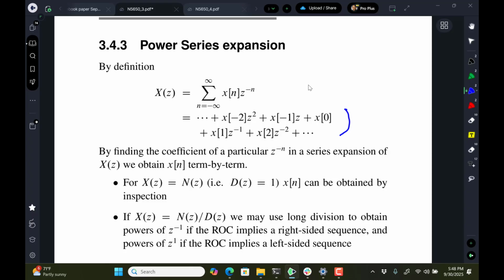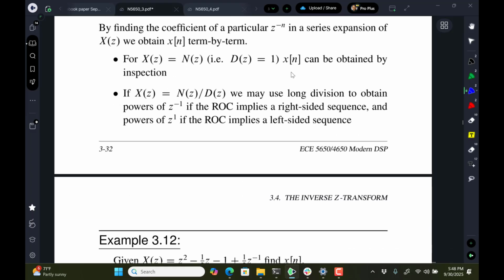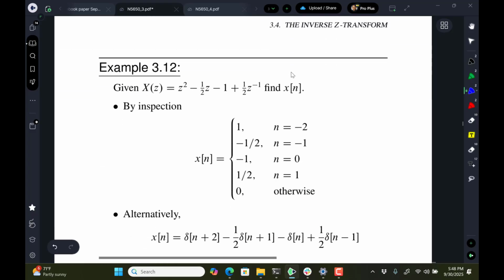And we kind of talked about this last time, where positive powers of z mean you can't go out to infinity, so those are things to the left of n equals 0, and negative powers of z mean you can't go to 0, and those are to the right. So that had to do with causal and anti-causal. But you can do selected things.